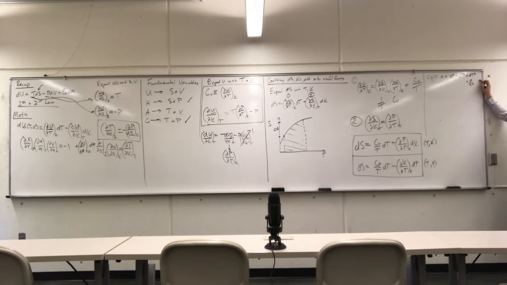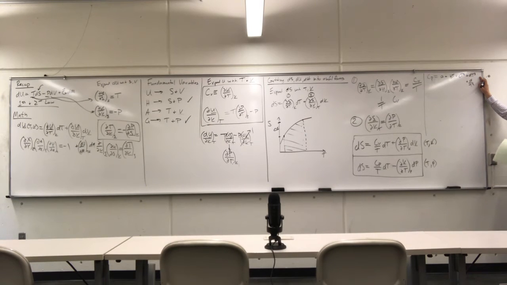This, truth be told, is a really terrible way to tabulate properties, the property of specific heat. But it's super convenient for one thing and one thing only. What is really convenient about a polynomial? What is one derivative you'll never forget? Right, what's the derivative of x squared? Right, it's 2x.